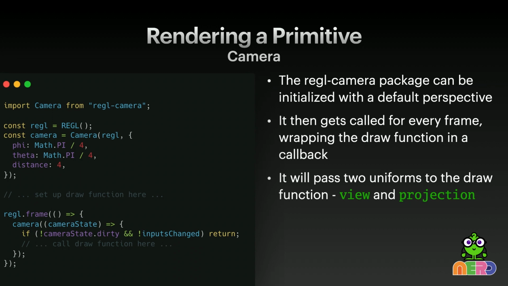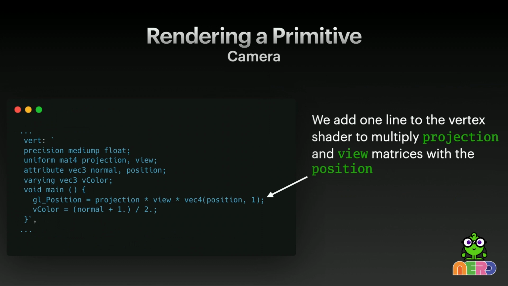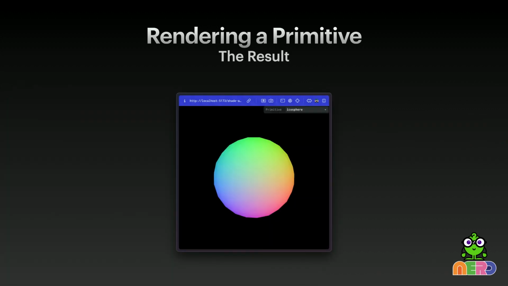We need to pass 2 more uniforms to our draw function, and it's going to look like this. Literally, projection, that's a matrix, times view, another matrix, times our position. And that's it. Now, with our new position, we will have perspective.